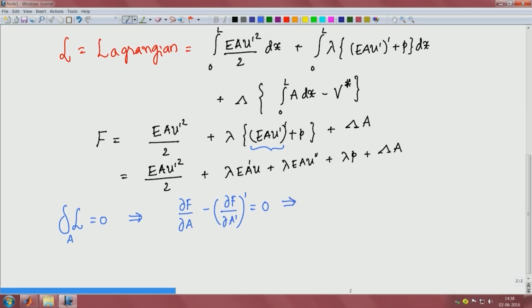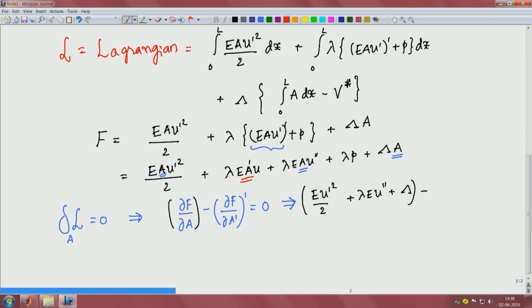If we do that, A is here and here and here. Let us write dou f by dou A. The first term gives us E u prime square by 2 plus lambda E u double prime plus uppercase lambda, that is this dou f by dou A minus, then we have to see where A prime is.